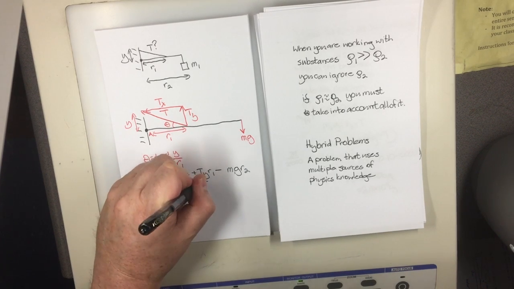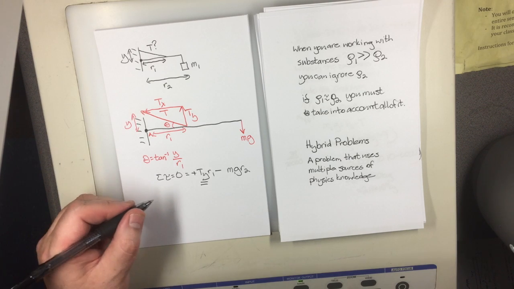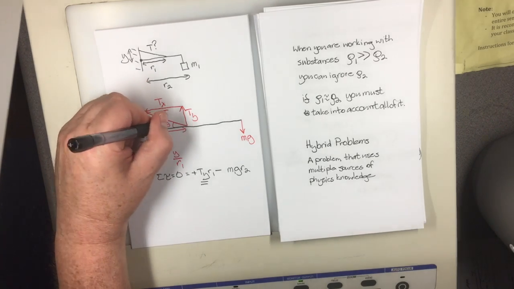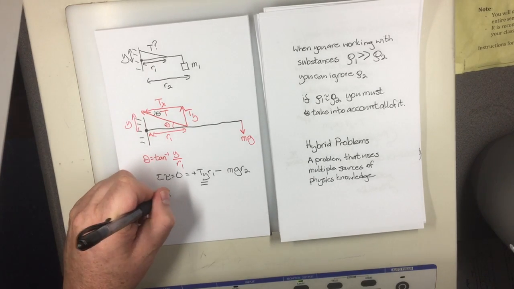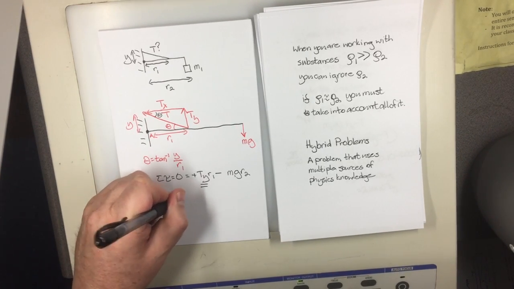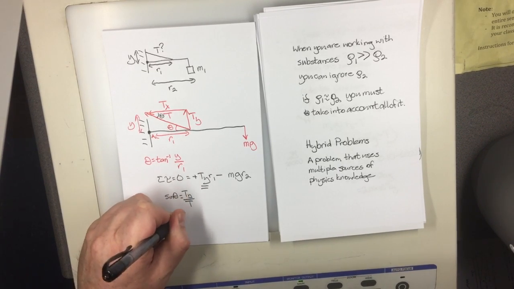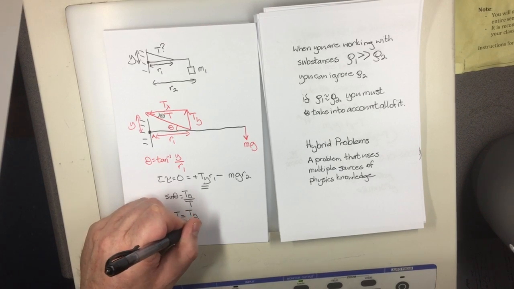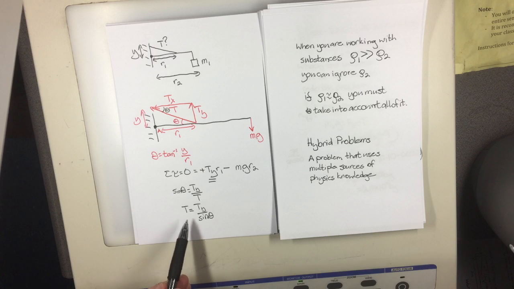And so we can solve for Ty and get an actual number. And then after that, we know that if that's theta, that is theta. So sine of theta is equal to Ty over T, or T is equal to Ty over sine theta. And so you can get the tension this way.